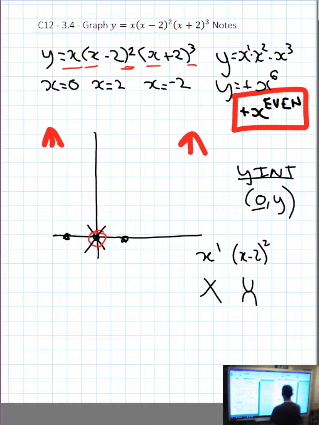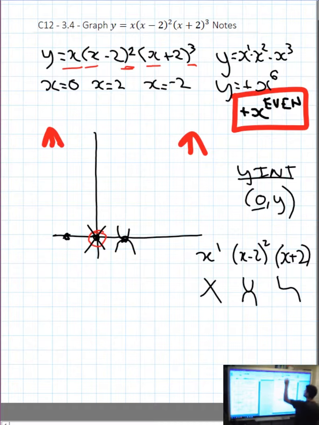So at the x-intercept of 2, I'm going to do a u-shape. Two u-shapes, one on top of each other. Now we have the x-intercept, x plus 2, and we're going to do a chair shape. It's difficult to do without two colors because it looks very much like the other case.